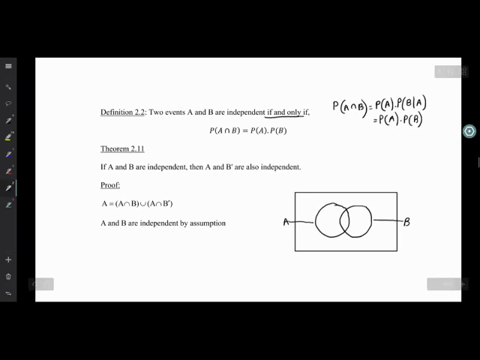Now let's split our A into two partitions. First is A intersection B. This is A intersection B, and then this is A and not B. So you can write the circle A as the union of A intersection B and A intersection not B.